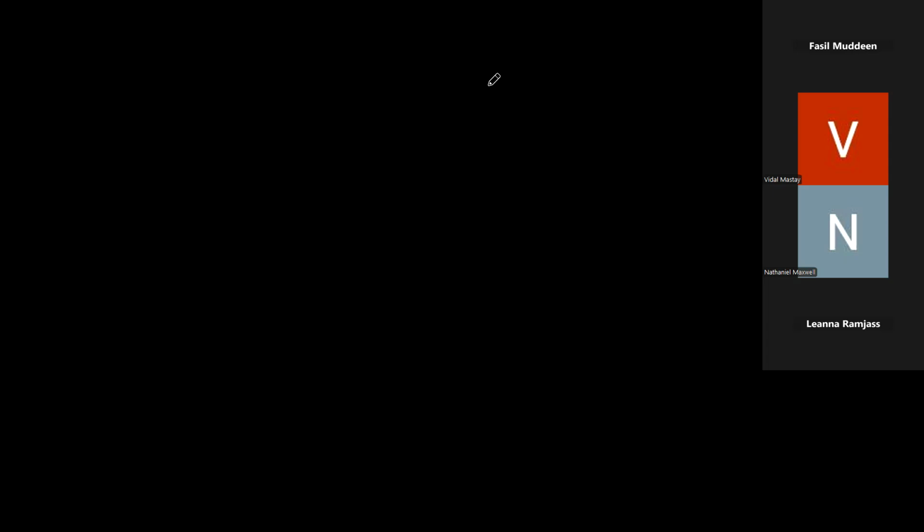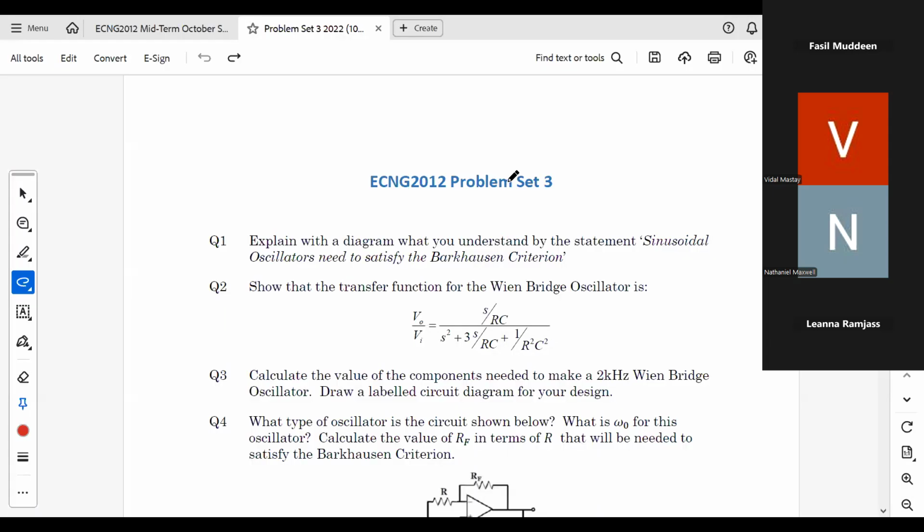All right, so everything here about problem set 3 is a good one to help you revise the sinusoidal oscillators topics. So use it like short answer questions to help the understanding of the material. So like question 1, and you will see this in some of the past papers as well.